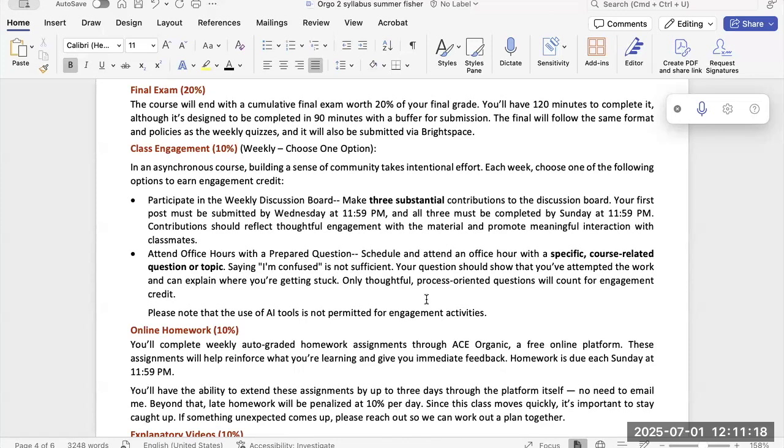The second option is to attend one of my office hours with a prepared question. So you have to schedule it online and attend an office hour with a specific course-related question or topic. Stating "I'm confused about X, Y, and Z" is not sufficient. I'm hoping, of course, I'll answer those questions, but that would not count as engagement.